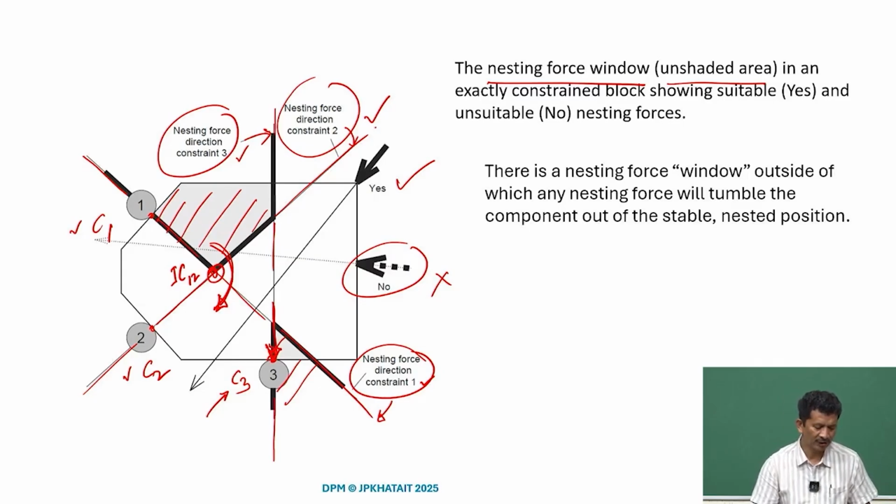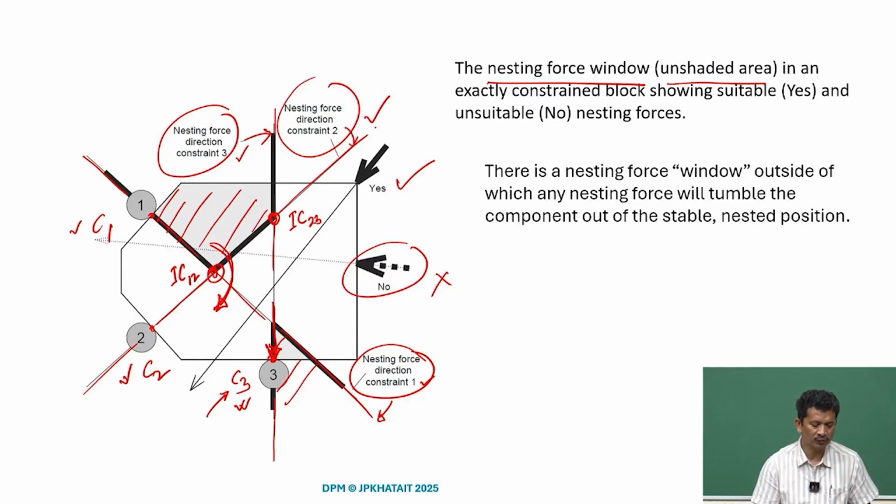Similarly, if we take C2 and C3 together, the intersection point will be here, which we can label IC23. If we try to rotate the object along IC23 and only consider contacts C2 and C3, we realize that it can rotate.